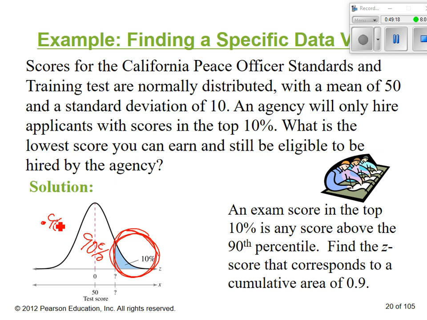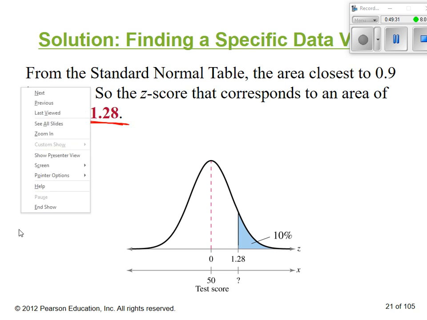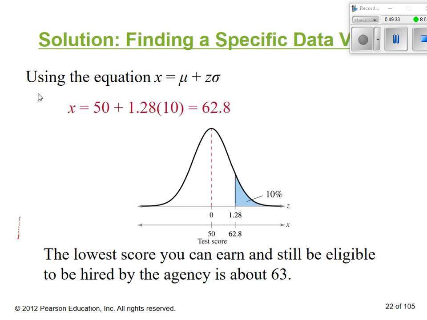If we want to find that z-score, we just punch that into our calculator, and we get a z-score of 1.28. I actually looked it up on the table for that. Then we could change that back into a test score. So if the mean was 50, the test score would be 62.8 or about 63.